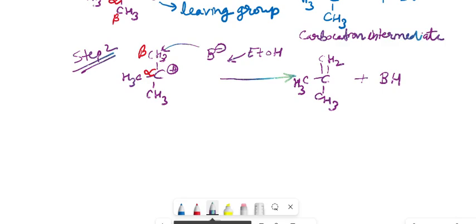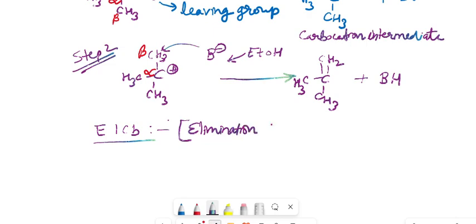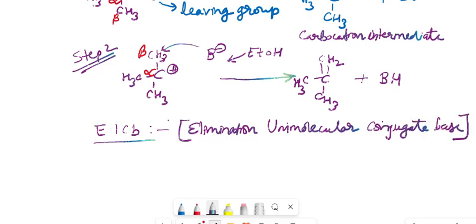Now we will see what happens in case of the E1CB mechanism. E1CB, its full form is elimination unimolecular conjugate base.